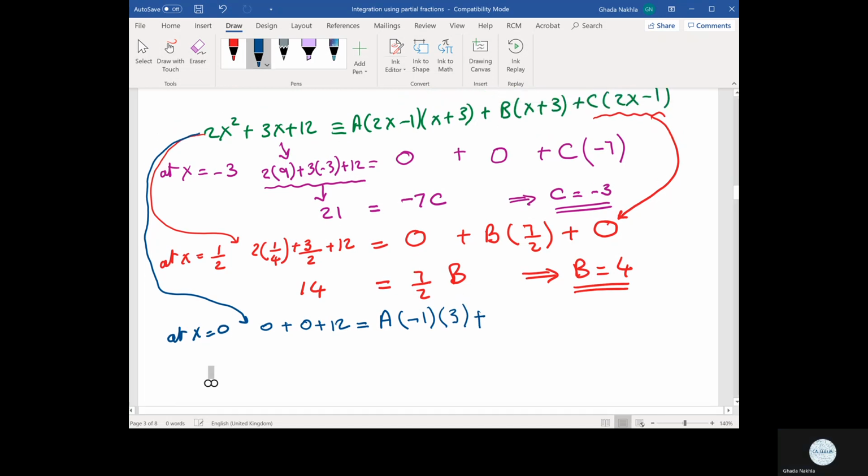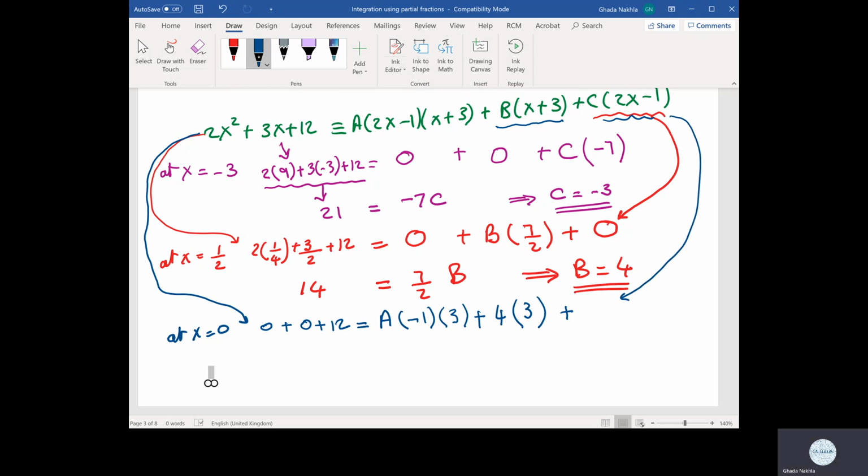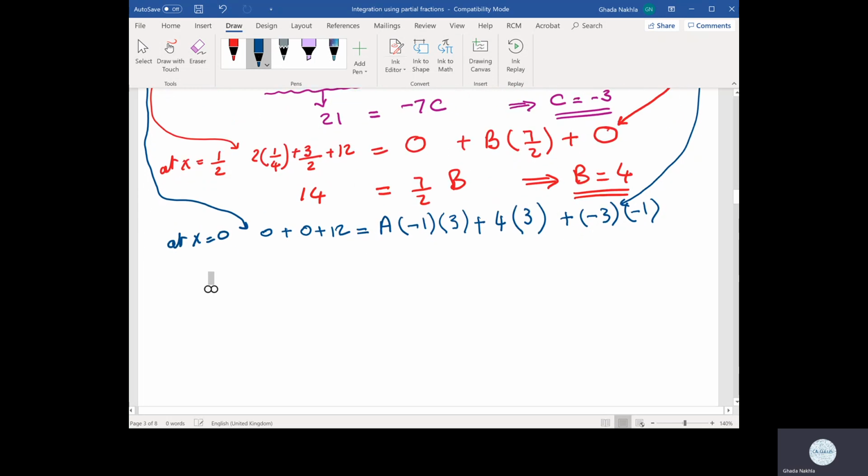Okay, plus, I'm substituting the B as 4, and 0 plus 3 is 3, plus, C is minus 3, and 0 minus 1, so it's minus 1. So minus 3 times minus 1. Let's work those values out. So this is 12 equals minus 3a. That's 12 plus 3, so we're going to have 15 here.